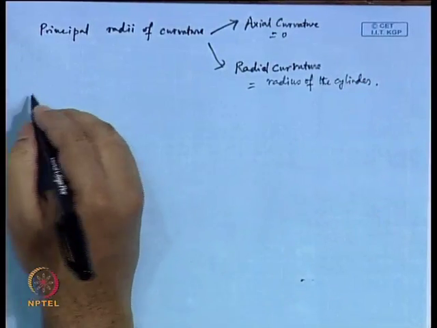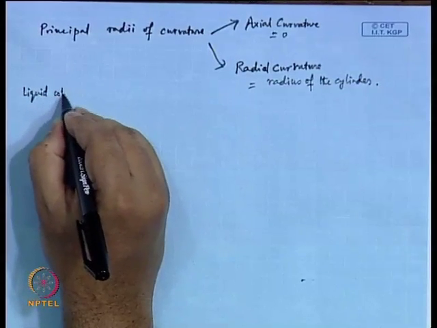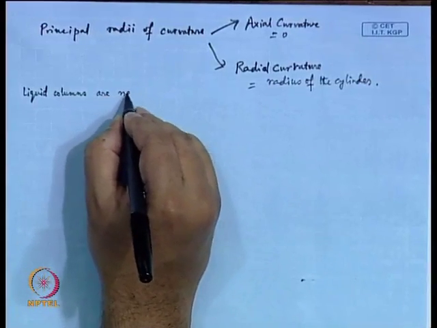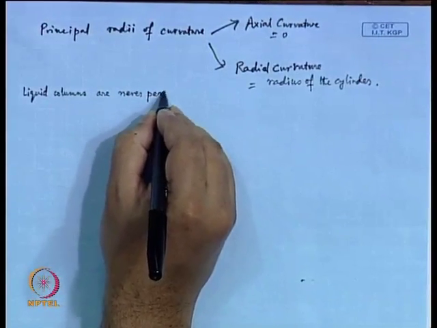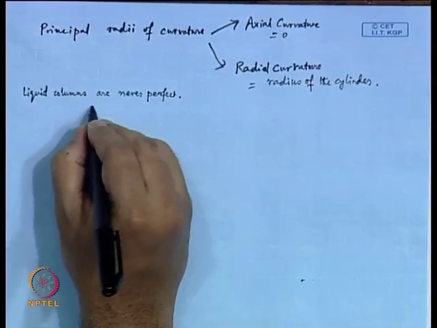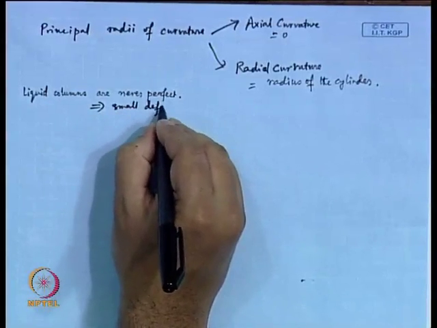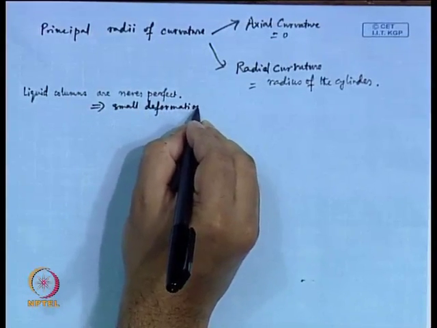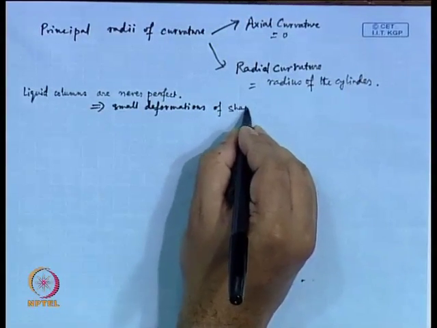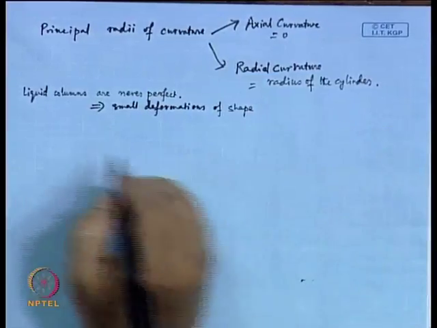Now, there is one point here: these liquid columns are never perfect, and there will be small deformations of shape due to various reasons, if not anything else then thermal fluctuations.